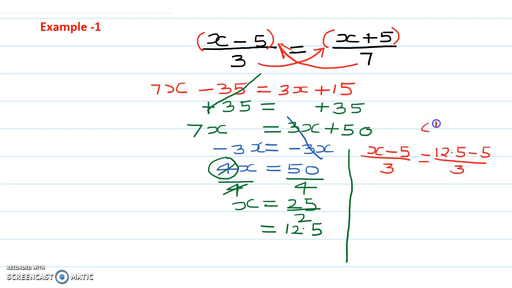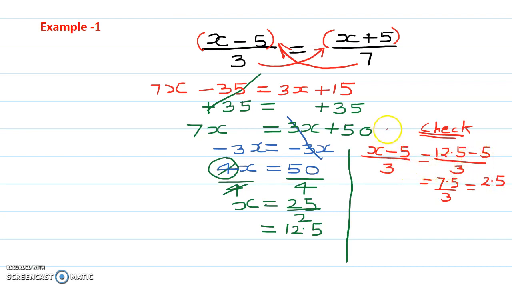This is the checking part. 12.5 minus 5 divided by 3. So 12.5 minus 5 is 7.5, and 7.5 divided by 3 will be 2.5.